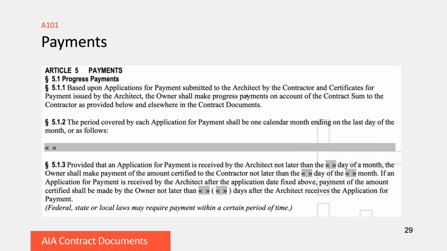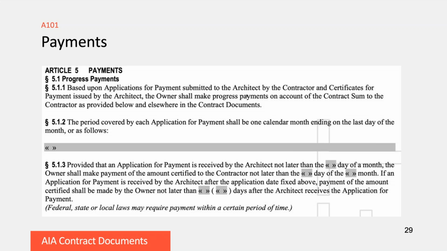The typical scenario, as recognized in this form, of course you can modify it, is that there's generally one payment per calendar month, and if you don't approve that in 5.1.2, you can insert a different means.